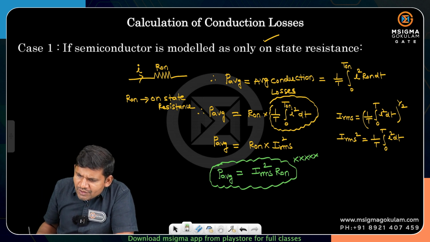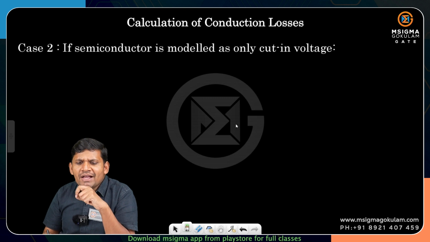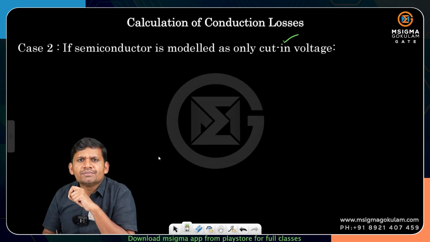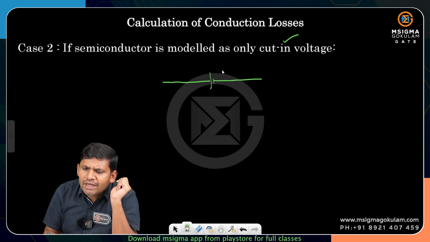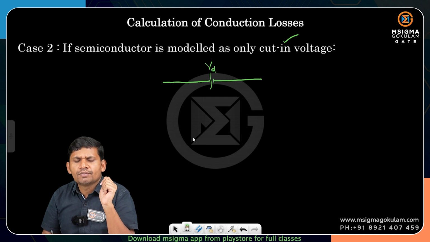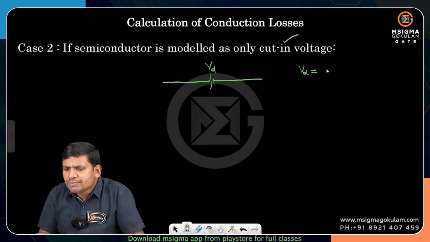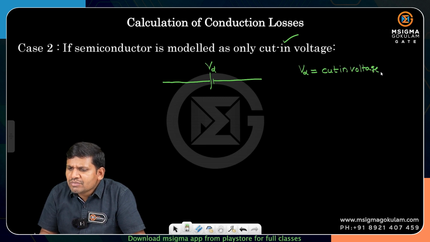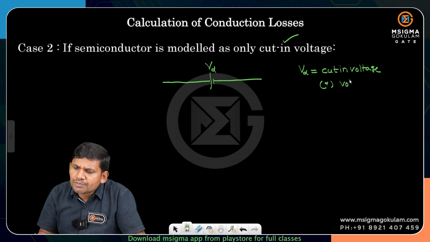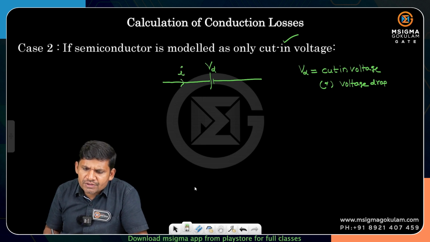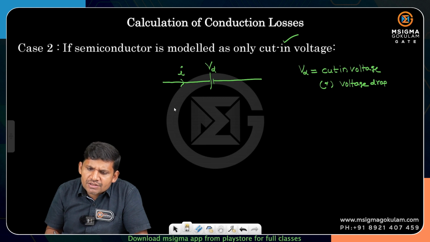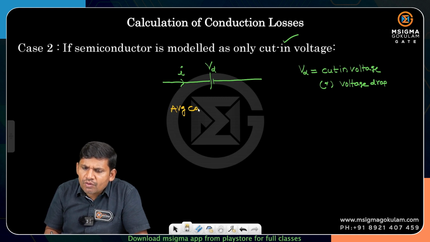Next, see one more observation. If the semiconductor is modeled as only a cut-in voltage, that means if any device is conducting, it is modeled as only a cut-in voltage or voltage drop, where Vd equals the cut-in voltage. Now in this case, how do we calculate the average conduction losses?